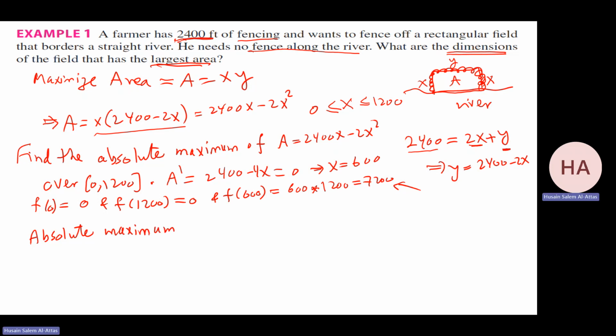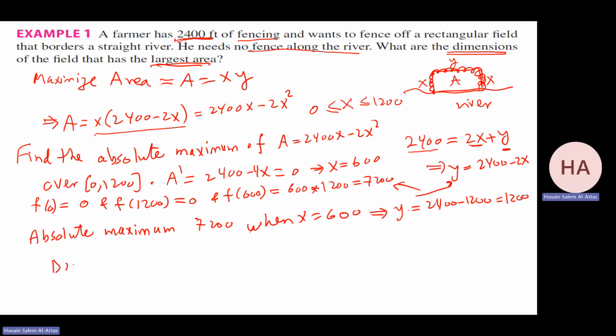Depends what they want. If they want the largest area, it's the absolute maximum when x equals 600. By the way, if x equals 600, what will be y? Just plug it here: 2,400 minus 1,200, that will be 1,200.